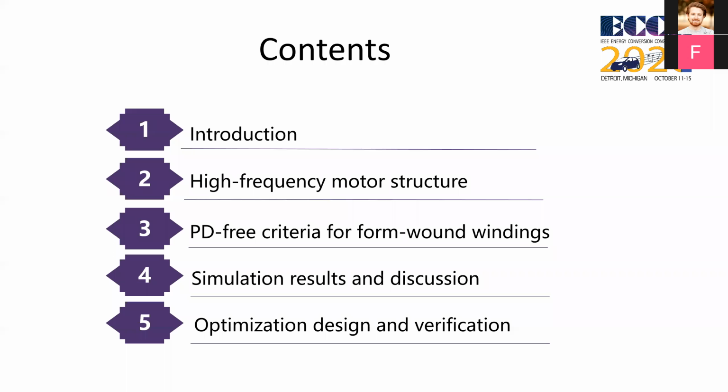The third part is about how to determine the PD-free criteria for stator windings. We performed the partial discharge experiments and combined these experiments with simulation results to derive the criteria. Lastly, I will introduce the trade-off between the insulation reliability and high specific power requirement. The proposed design is also verified by the experiments.